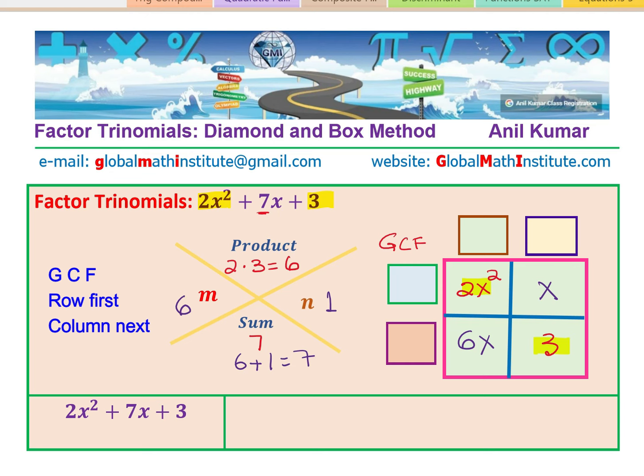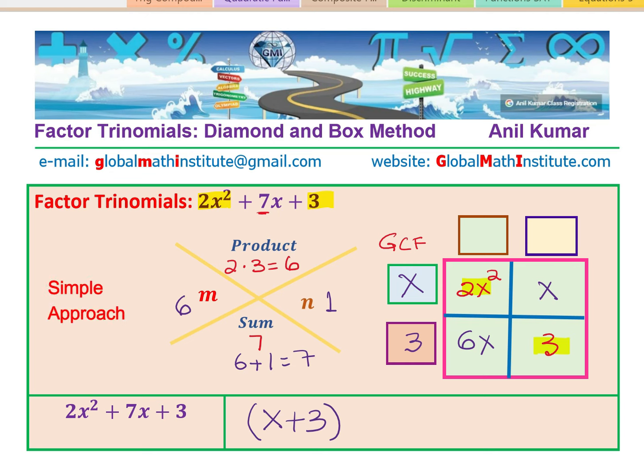If I begin with the first row, 2x squared and x, what is common here? Well, x is common. How about 6x and 3? 3 is common between 6x and 3. So that gives me the first factor, which is x plus 3. Make sense? So easily we got our first factor.